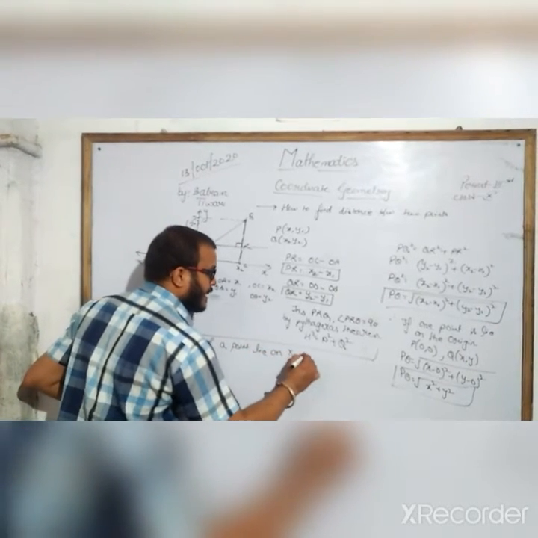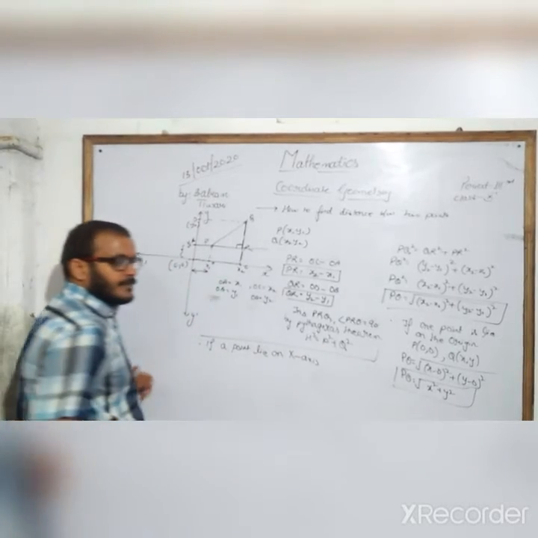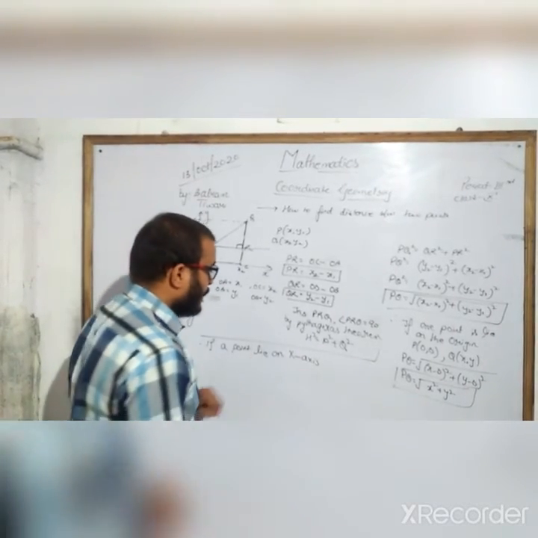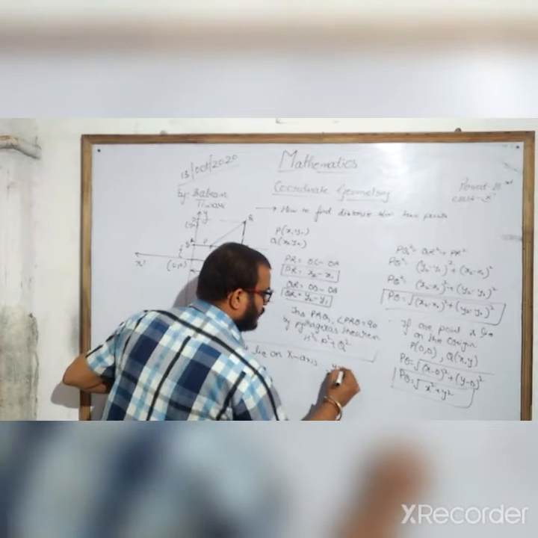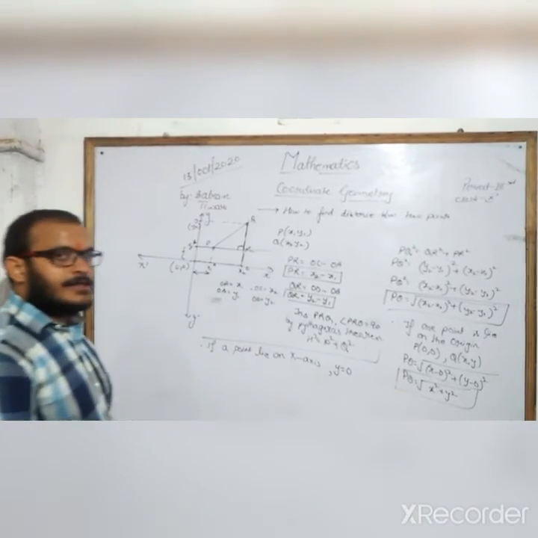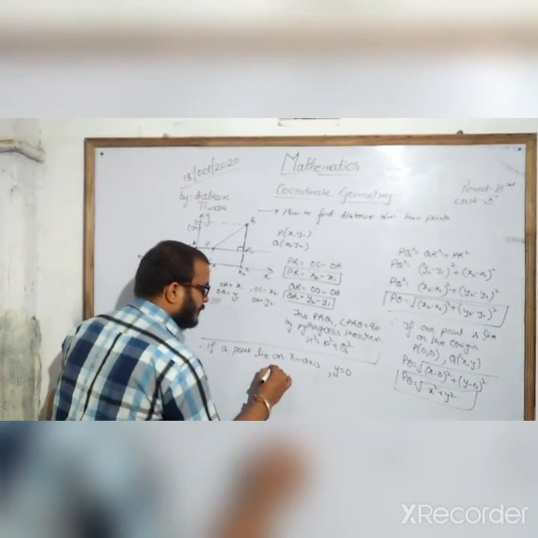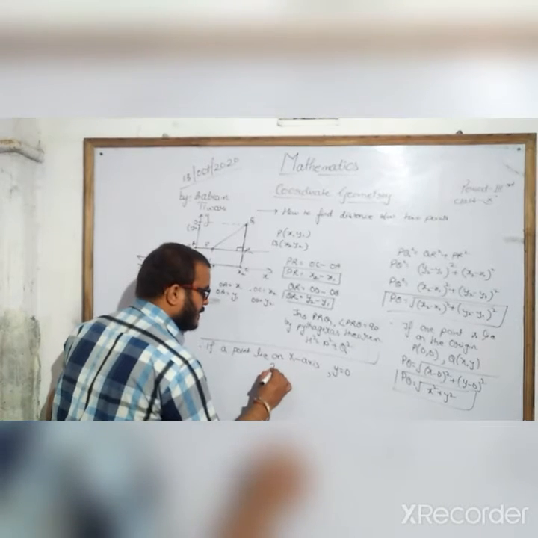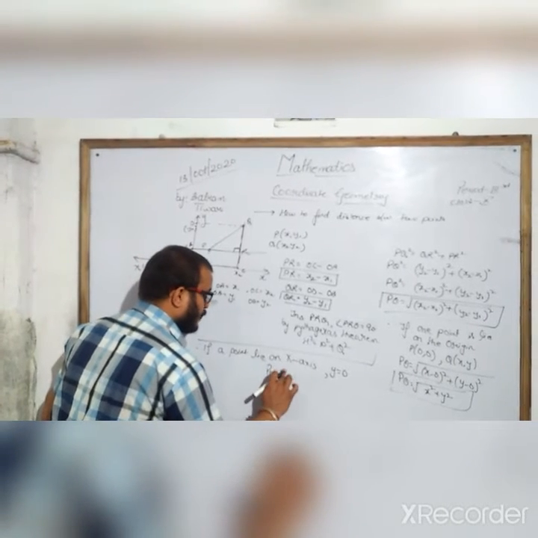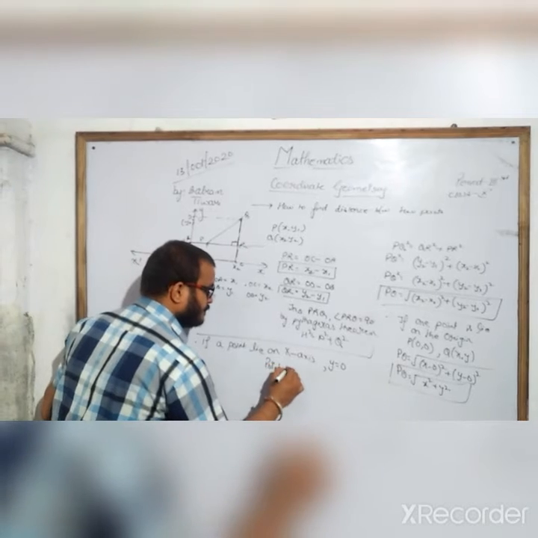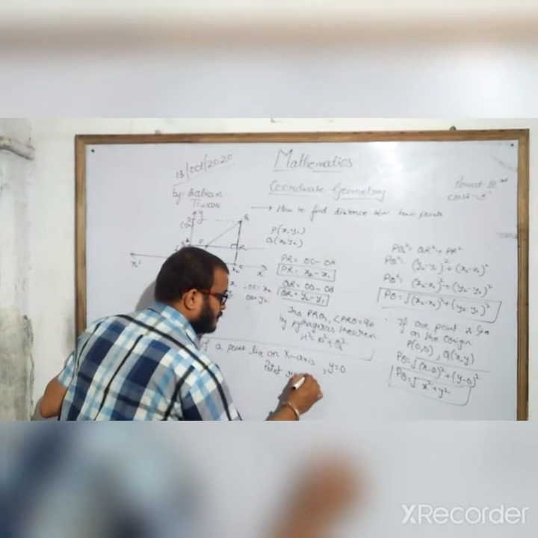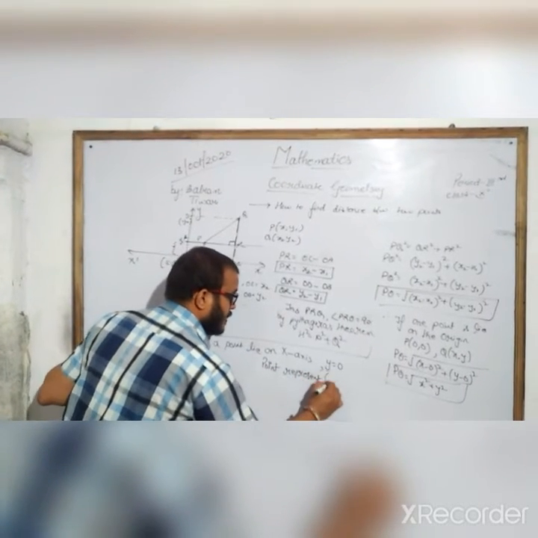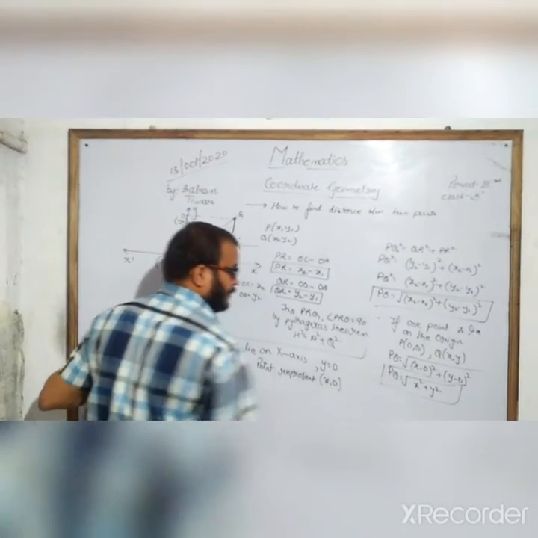If a point lies on the x-axis, then y is always 0, so the point represents (x, 0).